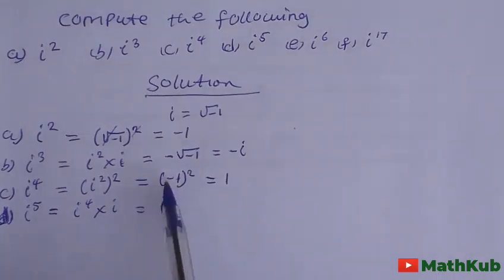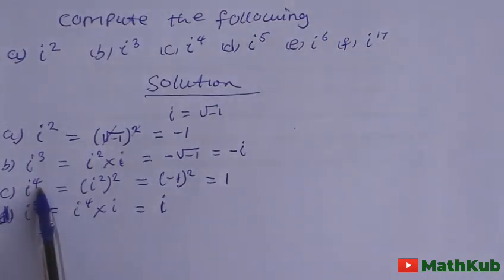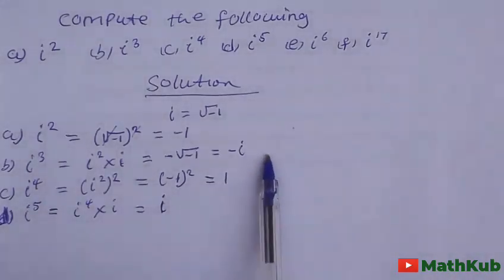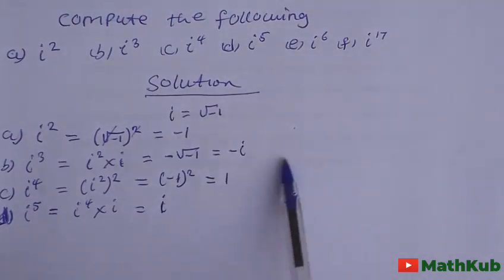In this case, whenever you have a multiple of 4, like 4, 8, 12, 16, 20, 24, you're going to use 1 and then look for ways to simplify it. Okay, I will give you this.